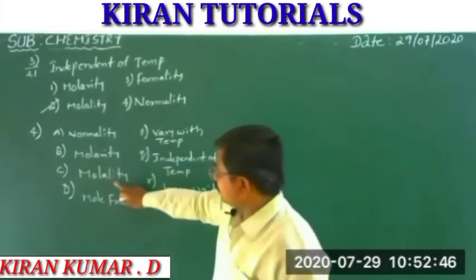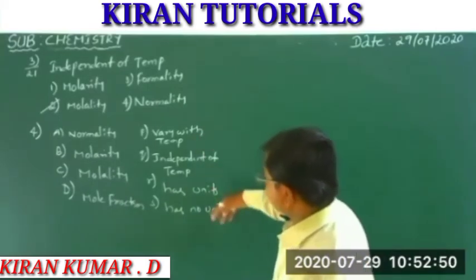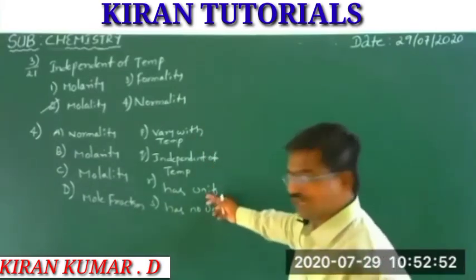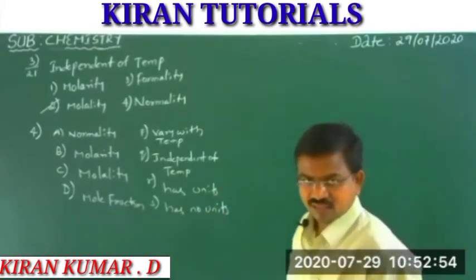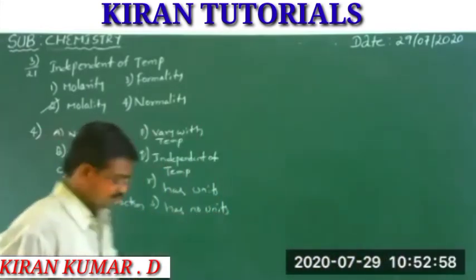Normality, molarity, molality, mole fraction. Which options are correct? Any guesses?